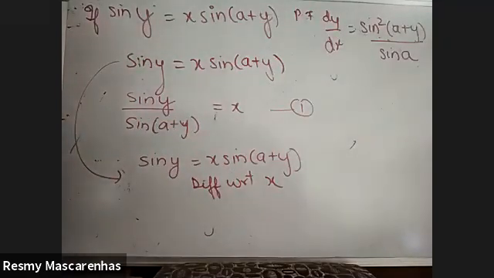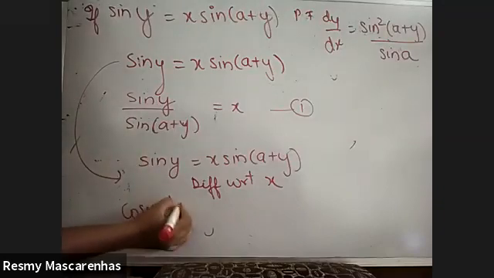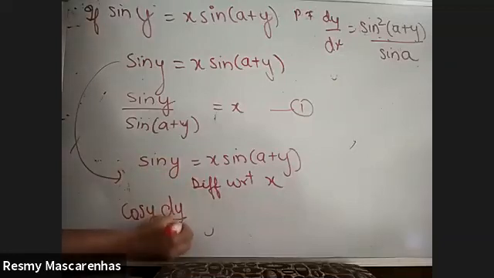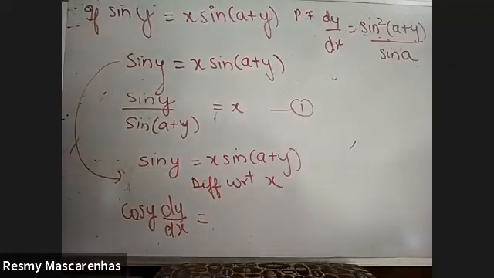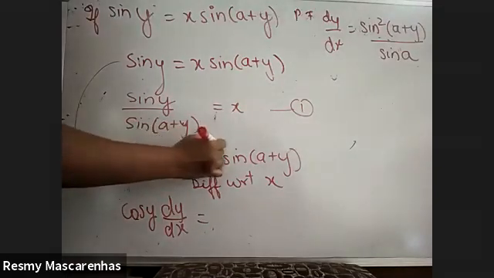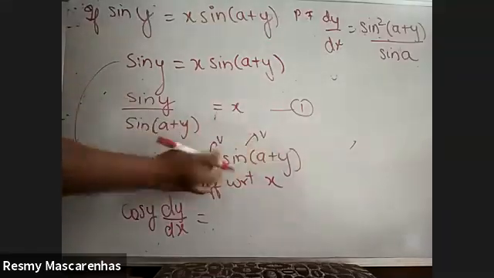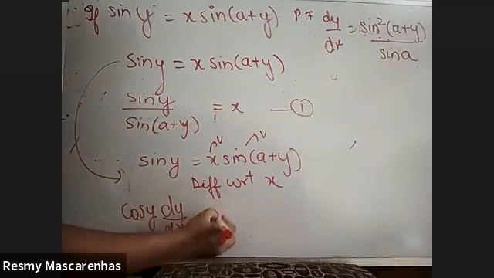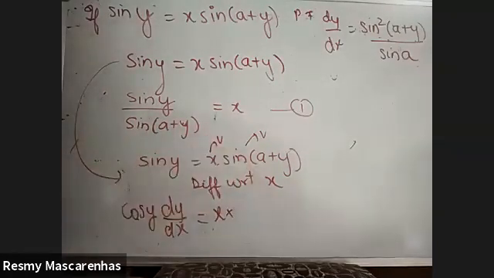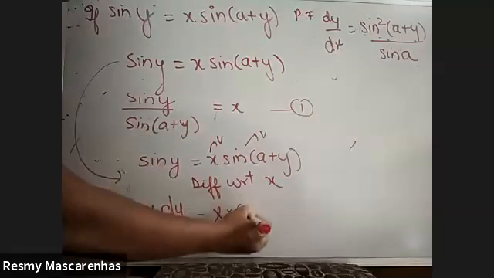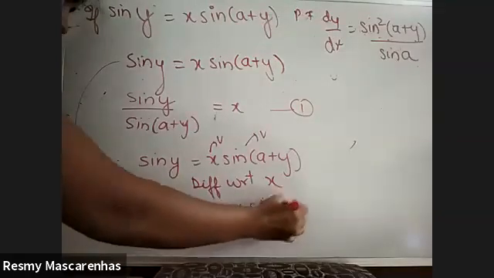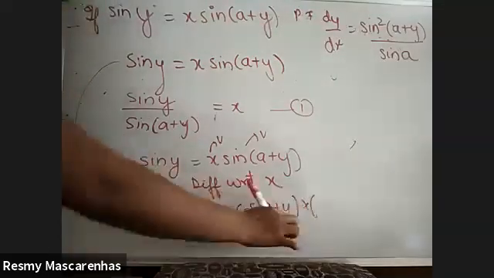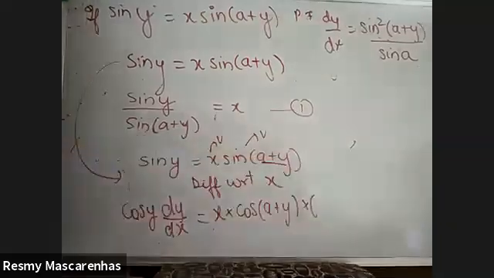So what will be the derivative of sine y? Cos y, and because it is y, extra dy by dx. Now this is in u into v form, first term into second term. So u into derivative of v. Sine of something will be cos of that into the derivative of whatever is inside the bracket.